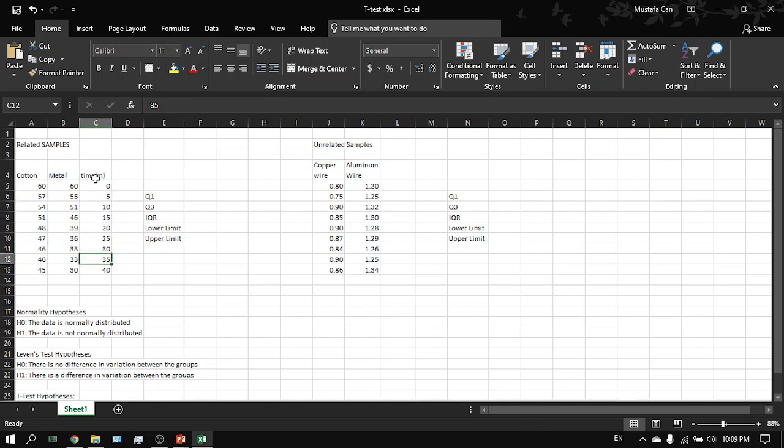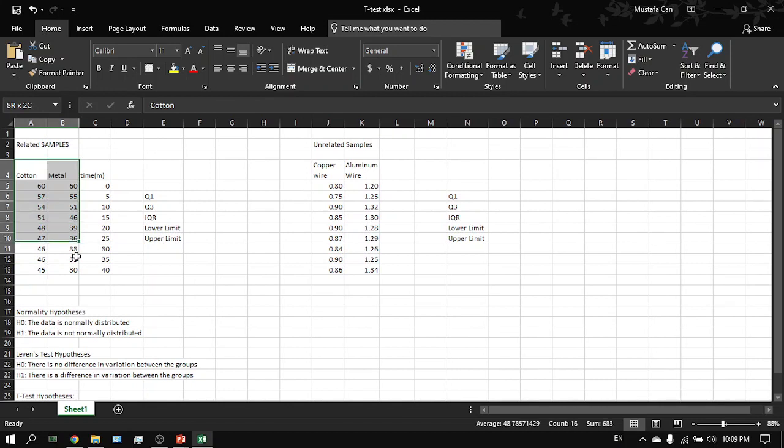The time is influential since there's a time change, as you can see, and we're measuring the cooling of two materials. You wrap these in two types of material. You wrap it with metal, you wrap it with cotton.